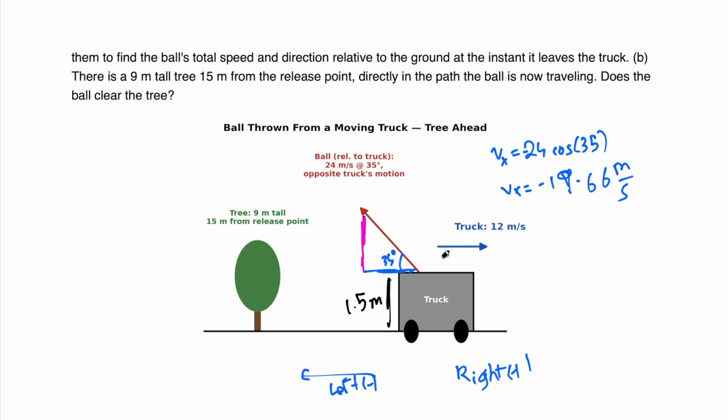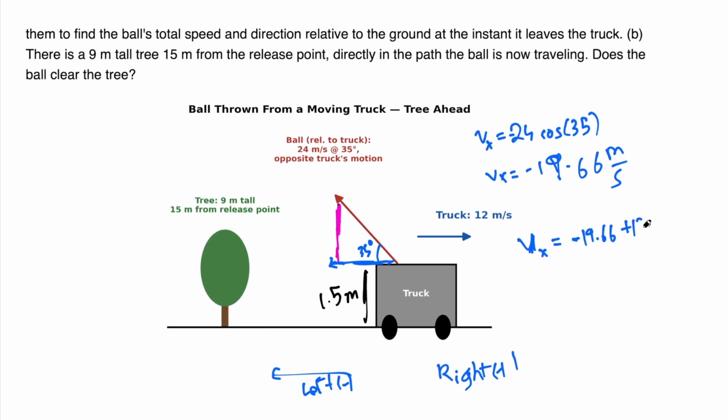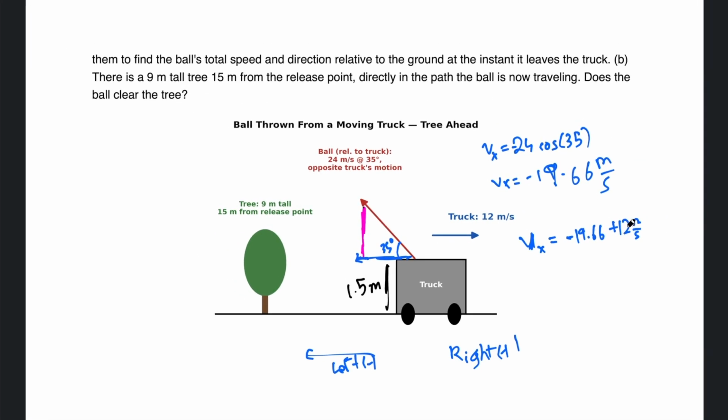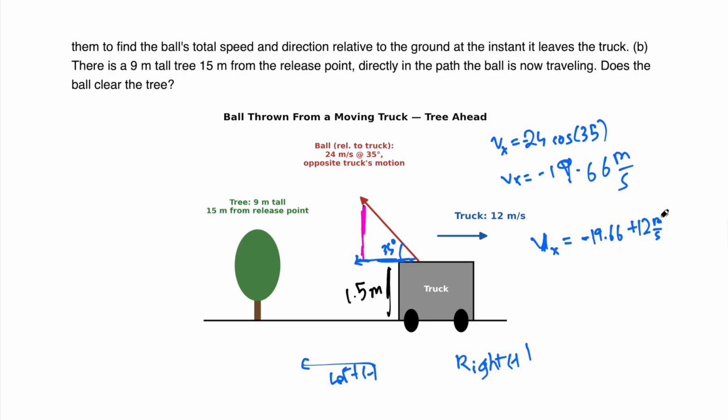Because this velocity is in the positive direction. So my actual total Vx would be negative 19.66, which is this velocity given by the throw, plus the 12 meter per second given by the truck. So my total velocity x is going to be negative 7.66 meter per second approximately. Okay? Yep, pretty straightforward.